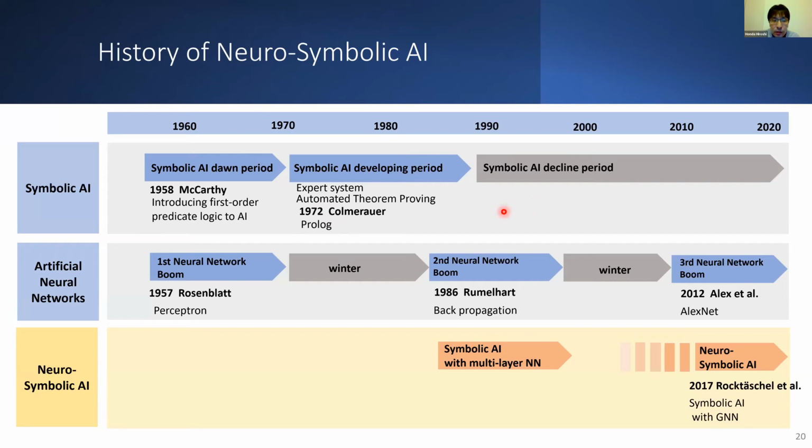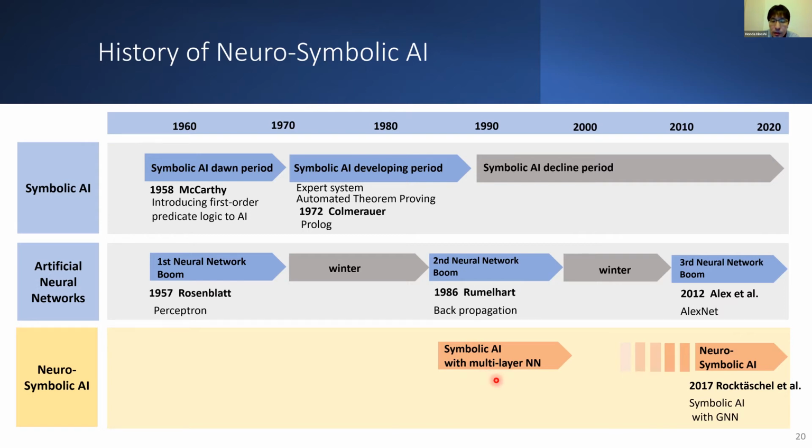On the other hand, the first boom in artificial neural networks began in 1957, and there have been 3 booms so far. Currently, artificial neural networks are in the midst of a 3rd boom caused by deep learning. Studies on symbolic AI with artificial neural networks began at the time of the 2nd boom.